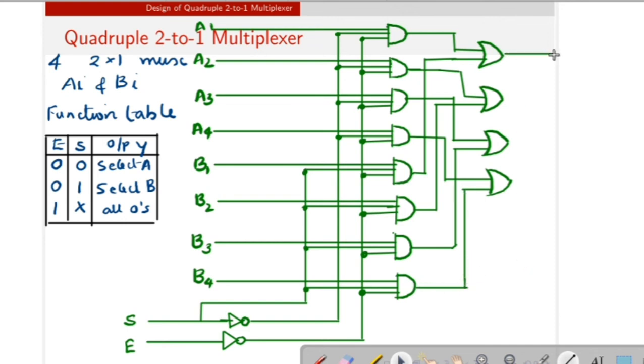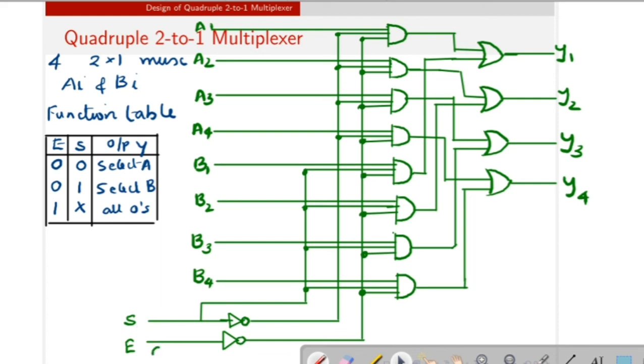Then take the output from the OR gates, represented as Y1, Y2, Y3 and Y4.